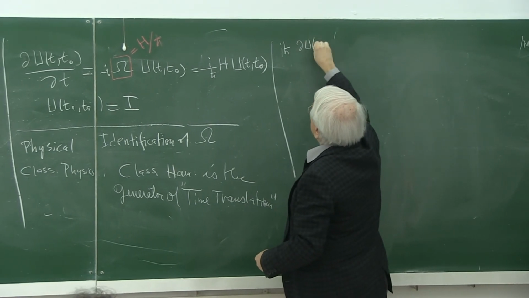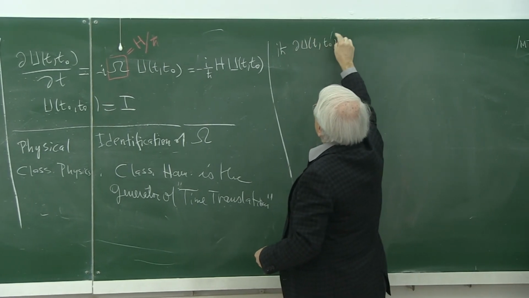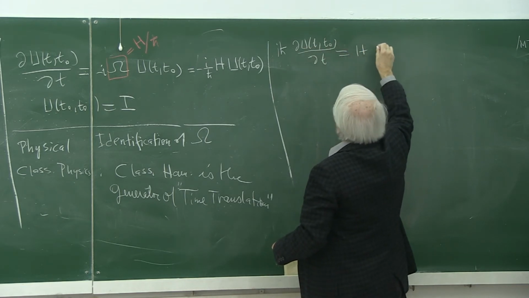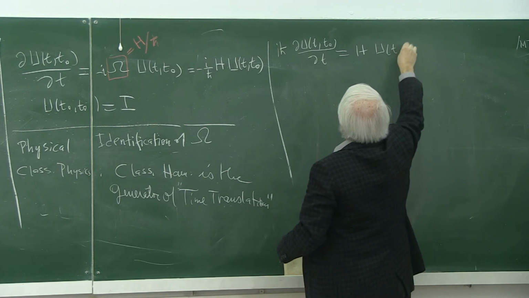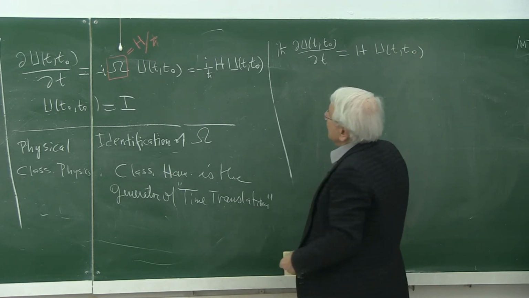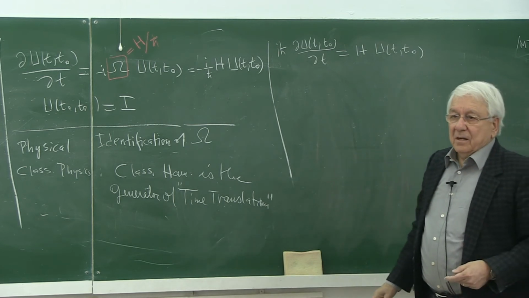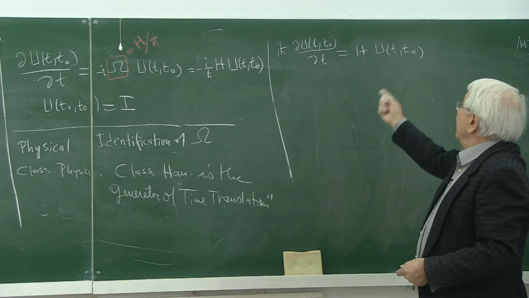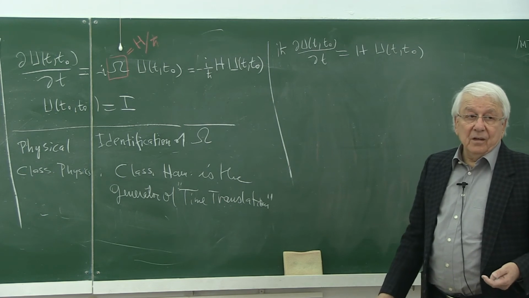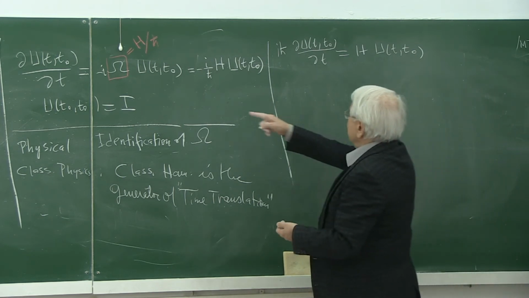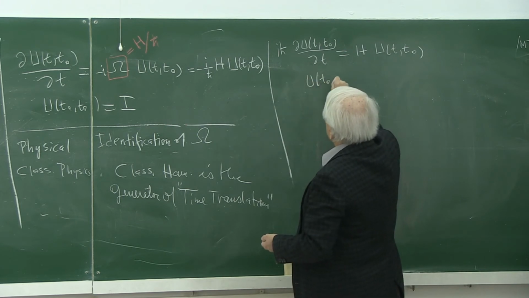So it is i h bar du(t, t0)/dt equals H u(t, t0). And this indeed looks very much like, apart from this bilocality, the form that you are familiar with, the Schrödinger equation, together with this. That's important.